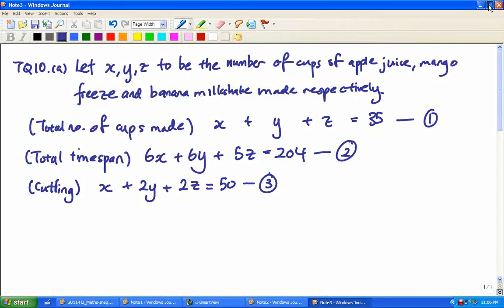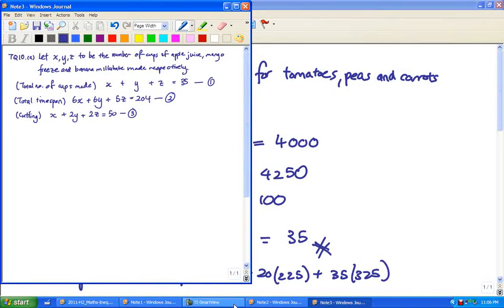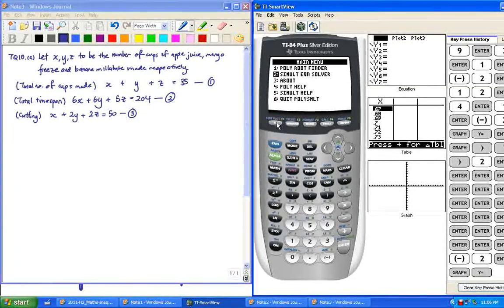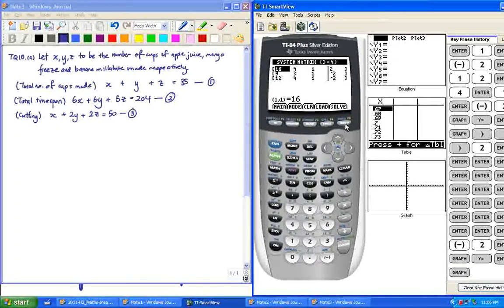So let us use our most favorite graphing calculator again. Go back to the main menu, select simultaneous equation solver, 3 equations, 3 unknowns, and enter your entries in the array of numbers.